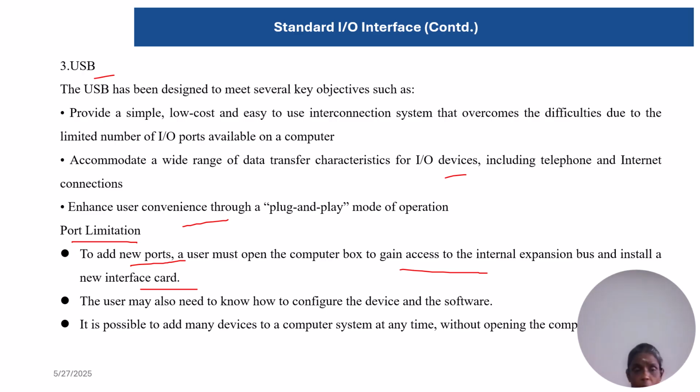The user may also need to know how to configure the device and the software. That is obvious. With USB, it is possible to add many devices to a computer system at any time without opening the computer.